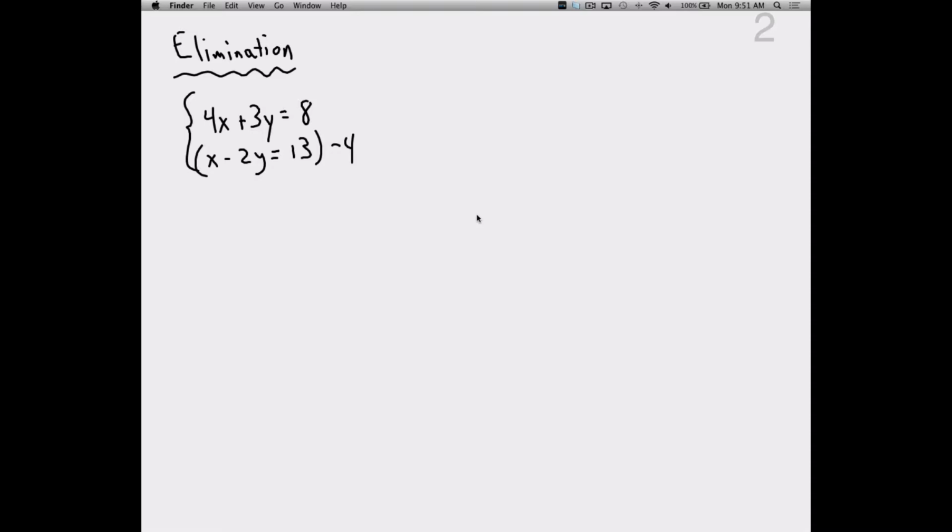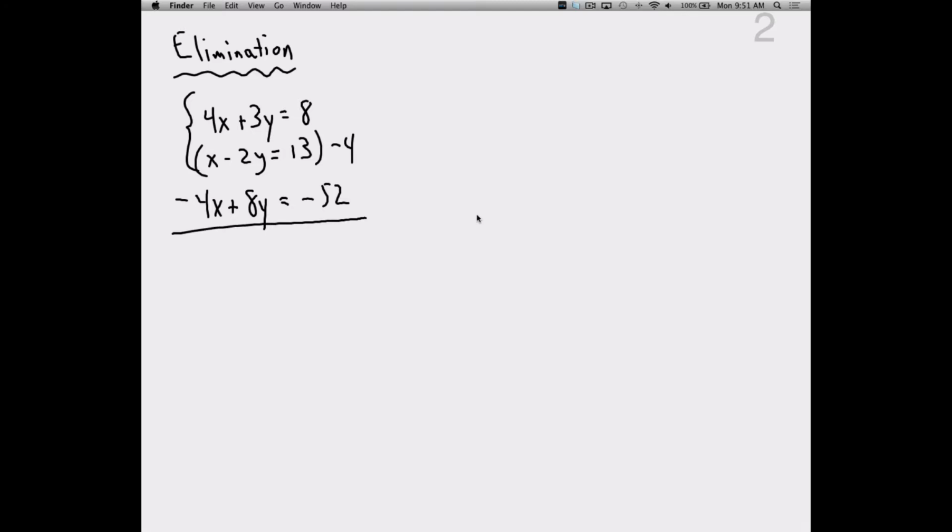Close enough. If I multiply everything by -4, this becomes -4x plus 8y equals -52. Why -4? That didn't really do anything. Just watch the magic, okay? Have you guys not done this before?